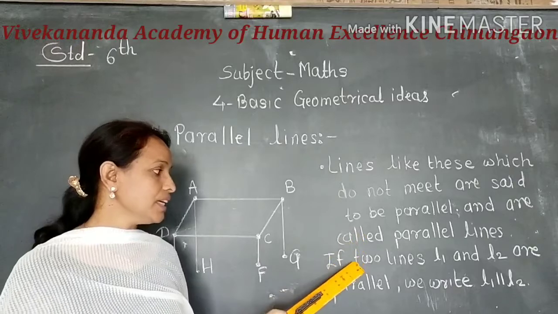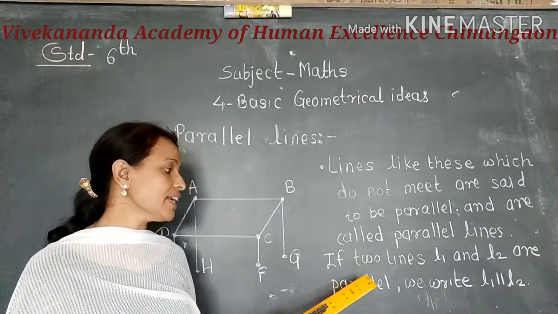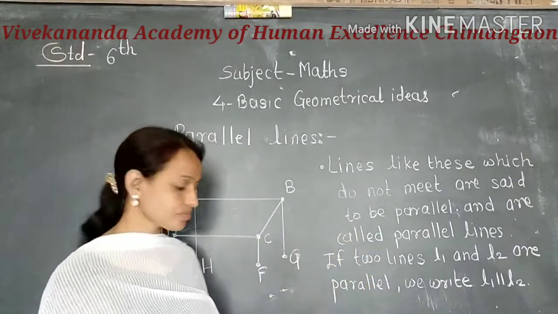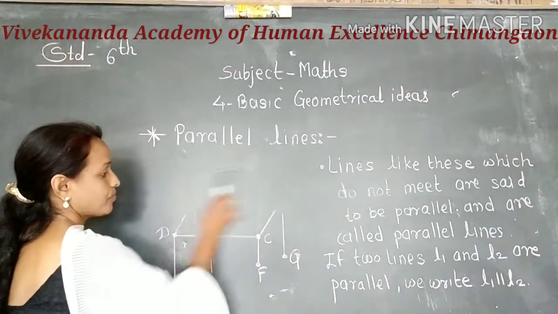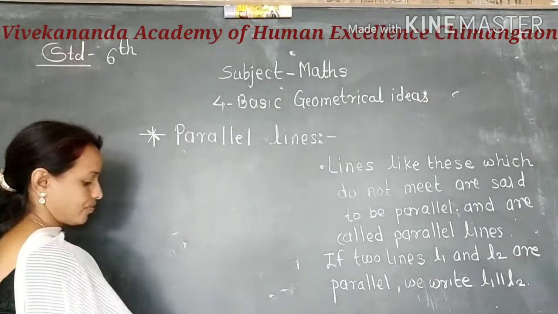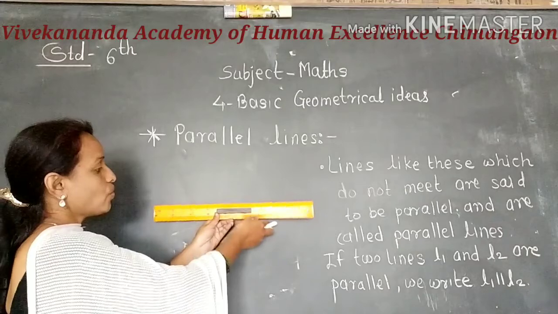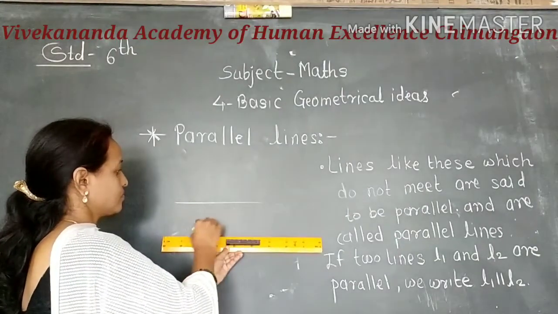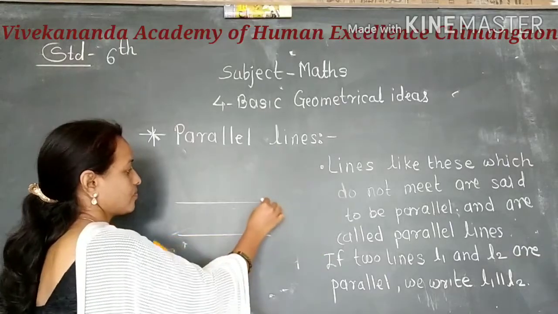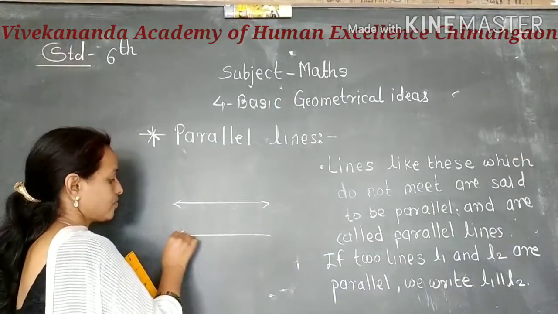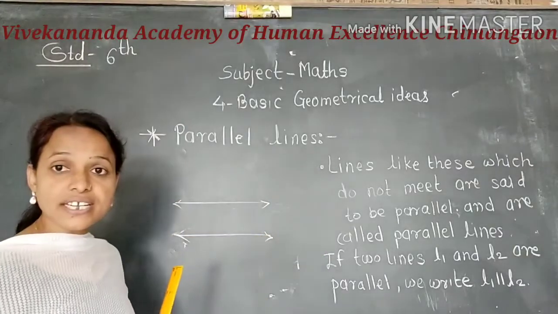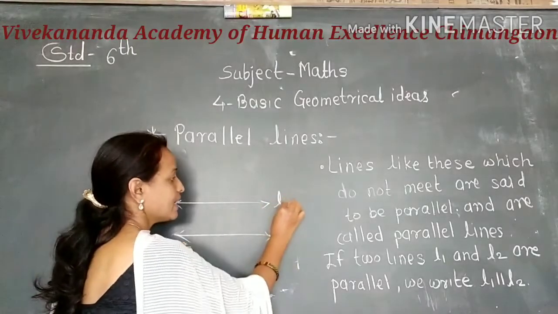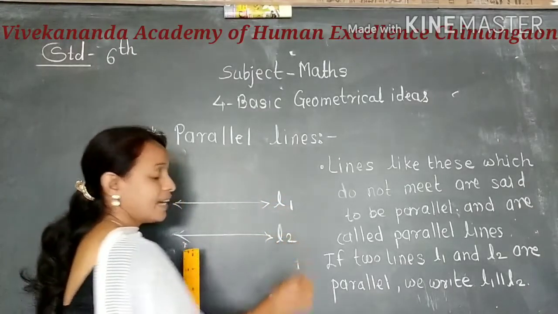For example, if two lines L1 and L2 are parallel, see, here we have drawn two lines. They do not intersect each other, lines L1 and L2.